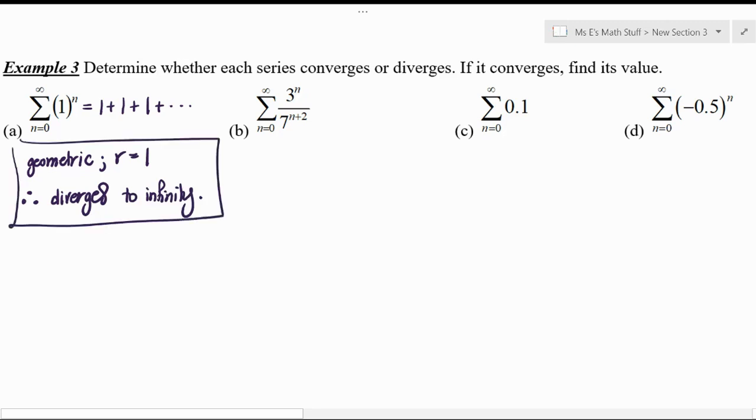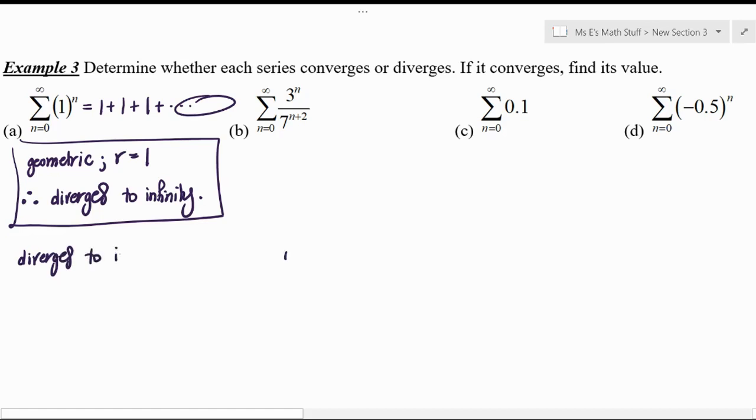You could also use the nth term test for divergence argument. Since the terms themselves at the tail end are not 0, they're 1, then you could tell for sure it's going to diverge. And so you could also say that it diverges, and then specifically to infinity.